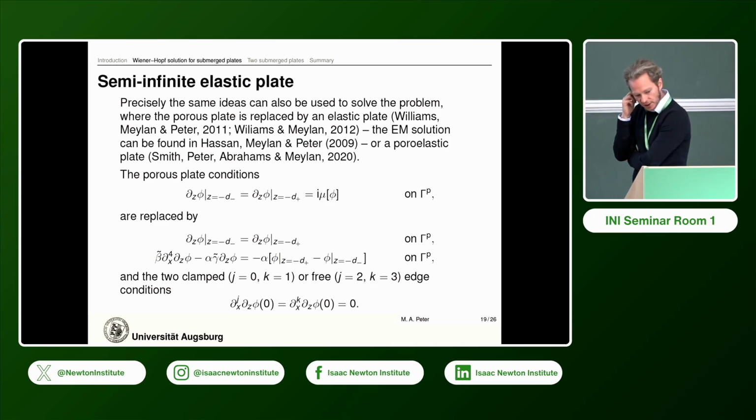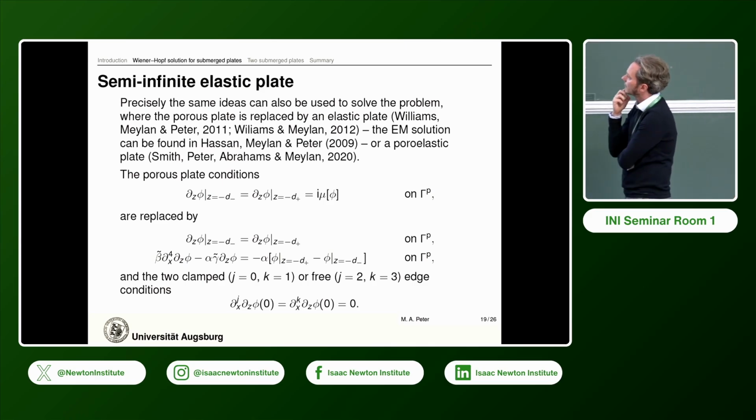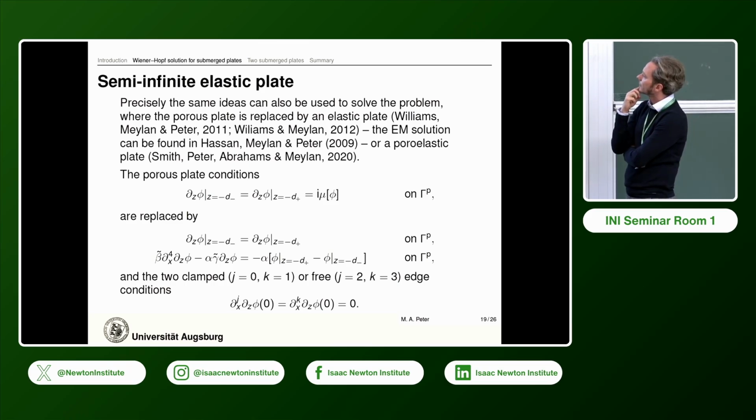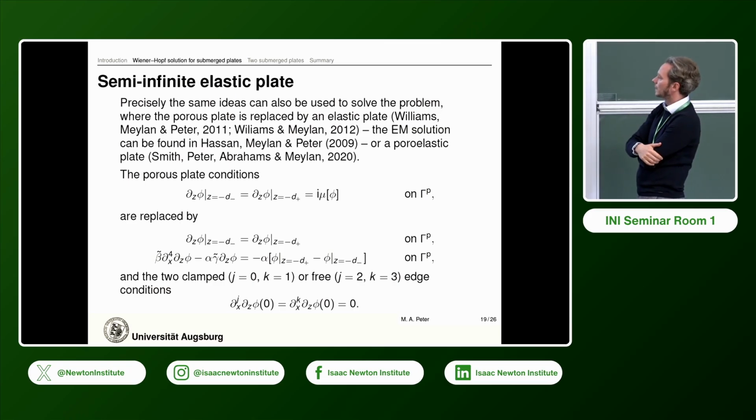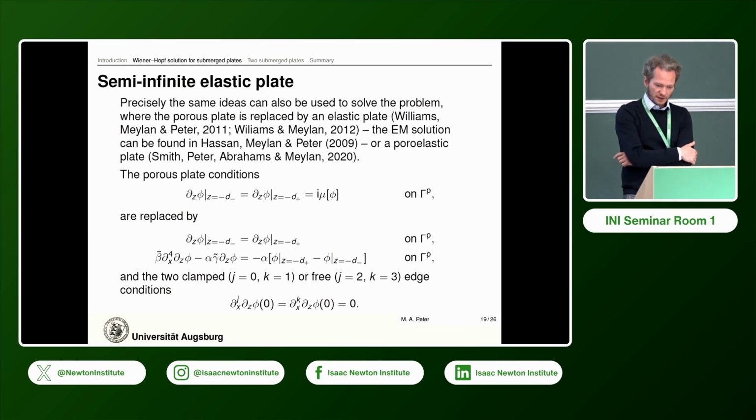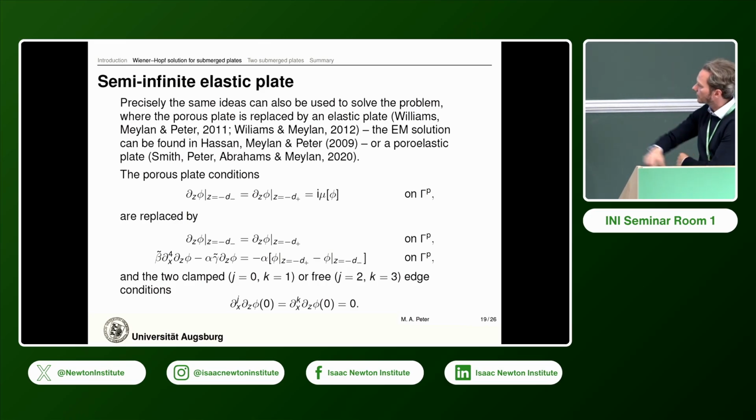So the only thing that changes, of course, is the condition with the plate. This condition here becomes this one down here involving the plate equation. You see the fourth order derivative there, and I've already substituted the potential in there. So instead of the plate displacement, you see dz phi appearing.